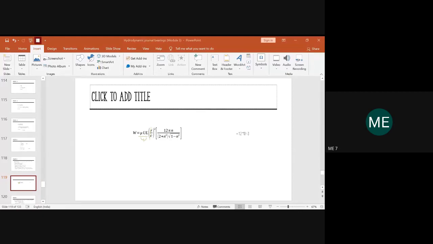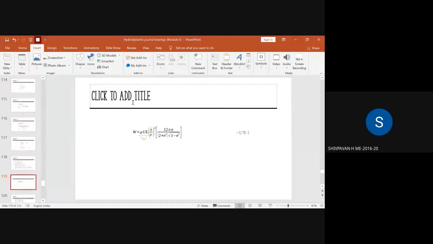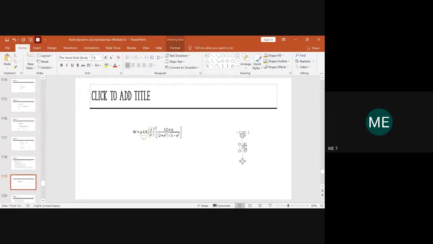Calculate and please let me know. Yes, ma'am, 3.14. You are getting 3.14, right? Okay. So the U value we are getting is 3.14 meter per second. Fine.